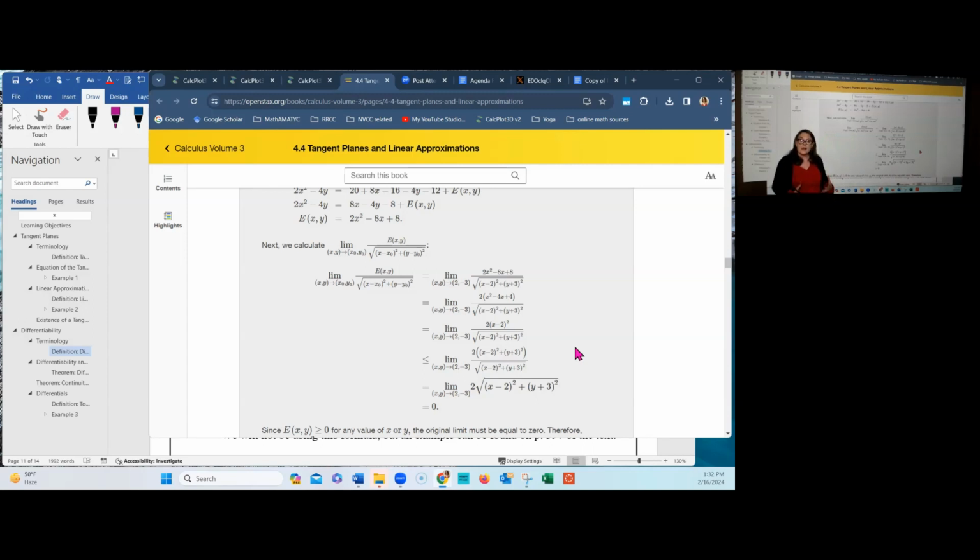Finally, we are now at a point where we've finished the algebra and we can actually do the calculus, which is to substitute the values x equal 2 and y equal -3 into the expression. Once we do that, we see that we get 2 times the square root of 0, which of course is 0. This means that it is differentiable at the point, and there is a tangent plane at the point.